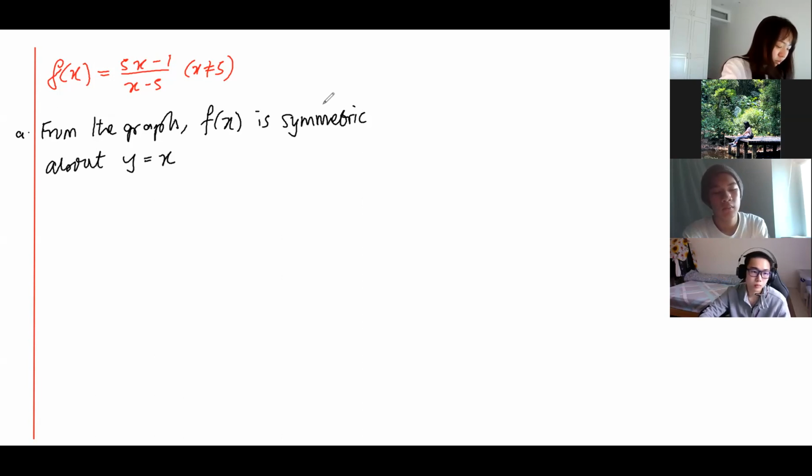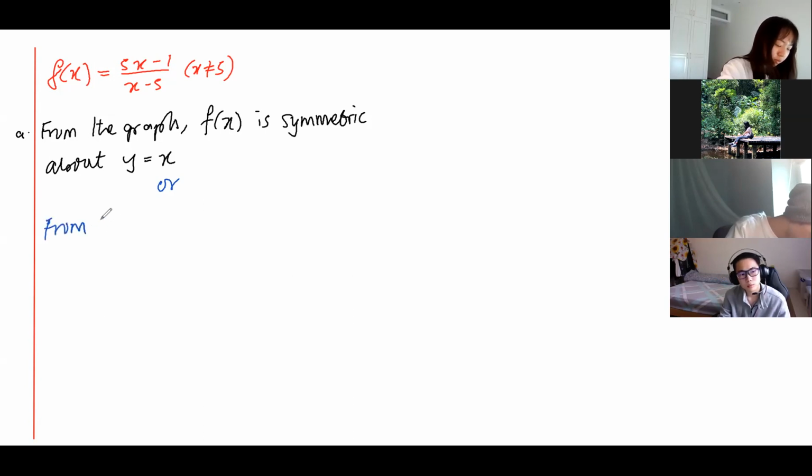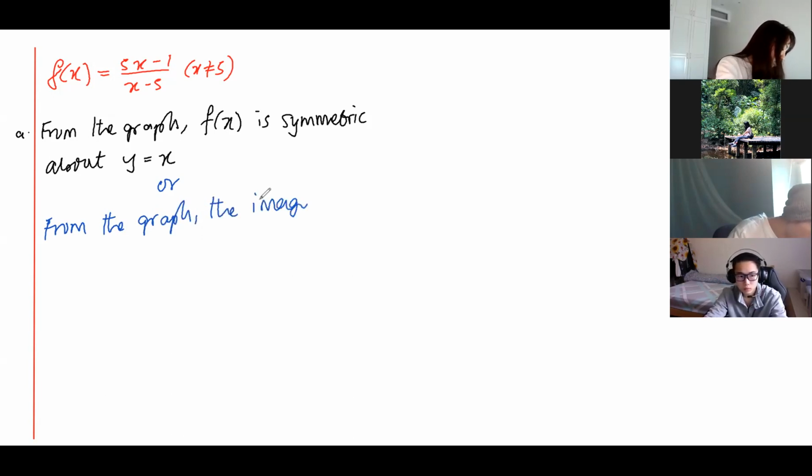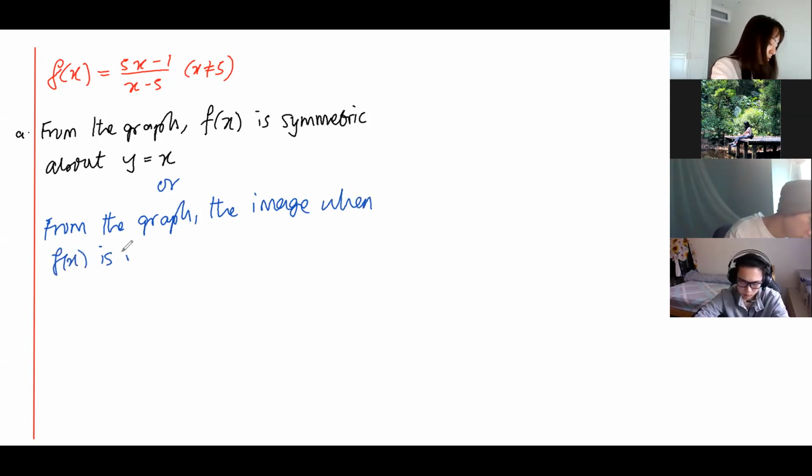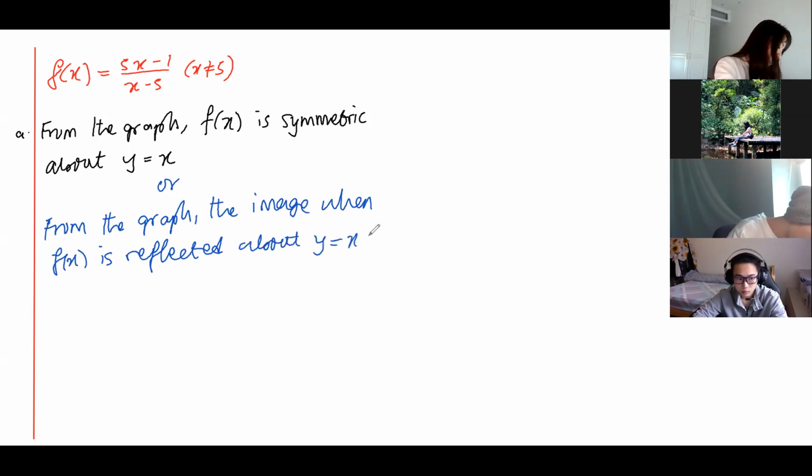Or from the graph, the image when f of x is reflected about y equals x is the same as f of x. That's exactly what we mean.